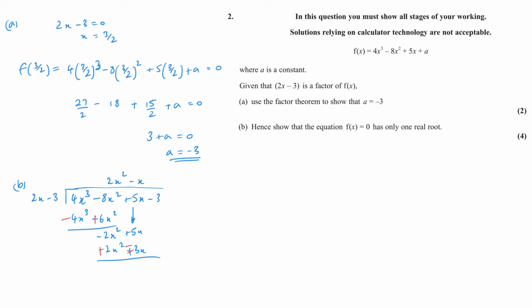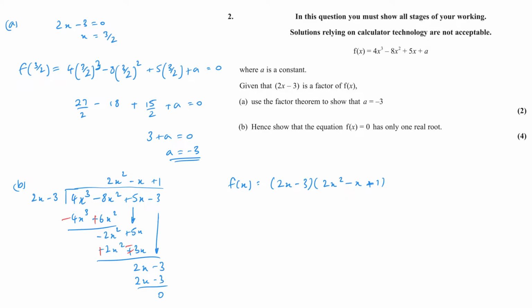So 5 take away 3 is 2x. Bring down the minus 3. We get 2x into 2x, so it's just 1. So that gives me 2x minus 3, and taking them away is 0. We knew it would be a remainder of 0. So our f of x is equal to 2x minus 3 and 2x squared minus x plus 1.